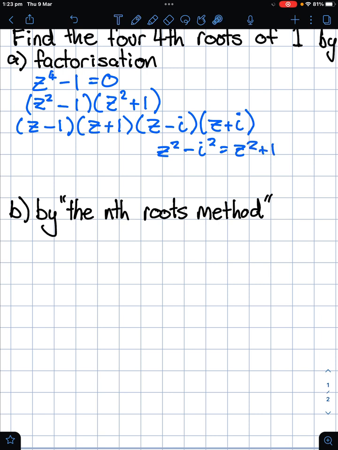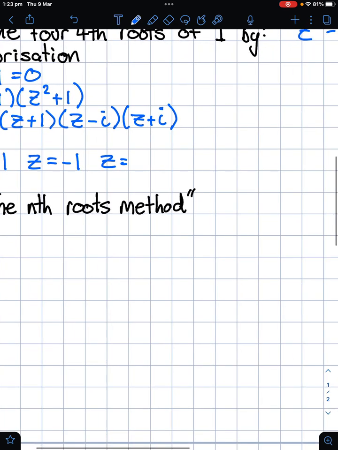So that's going to give us the value we want. So our solutions for this are going to be z equals 1, z equals negative 1, z equals positive i, and then z equals negative i.